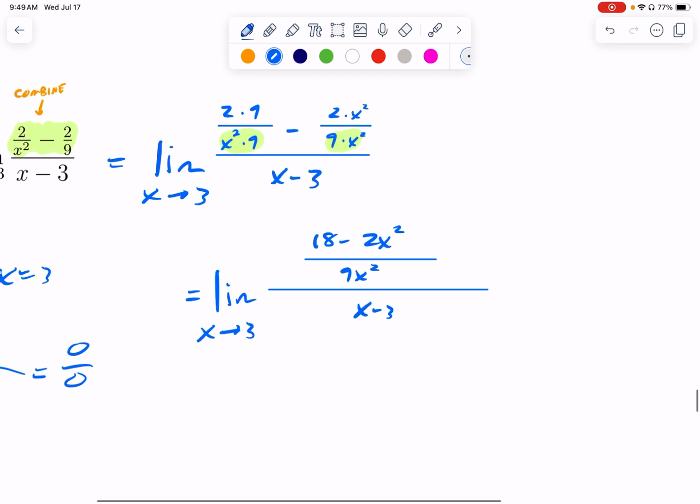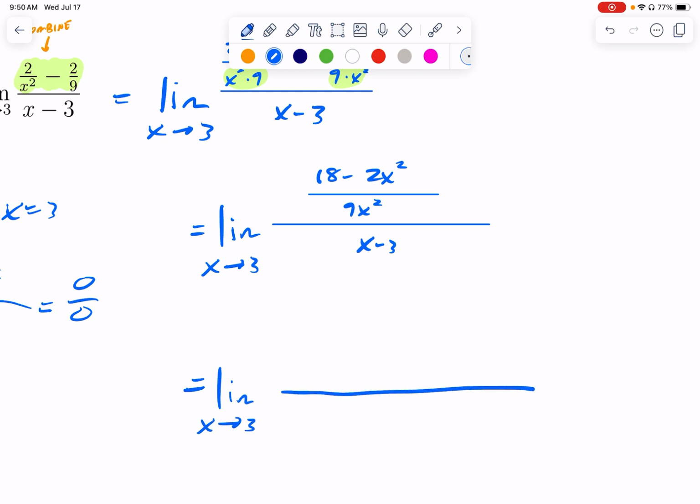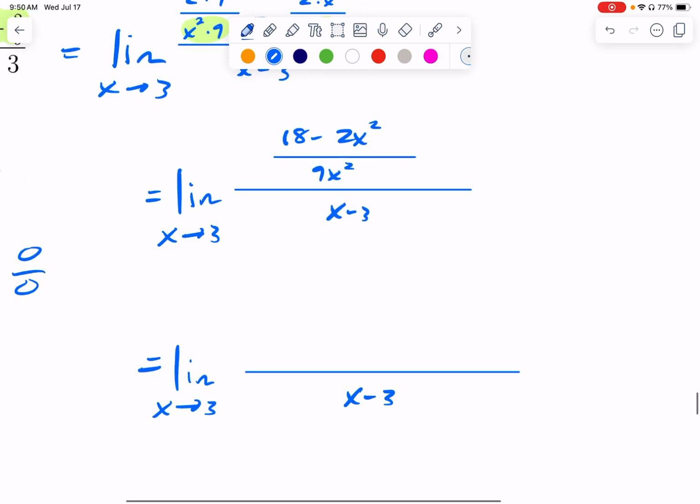So now we still want to see if we can do something to that. We might notice that 18 and 2x squared are both even, so we can factor out a 2. 2 times 9 minus x squared, over 9x squared.